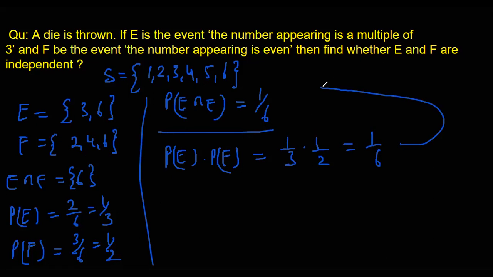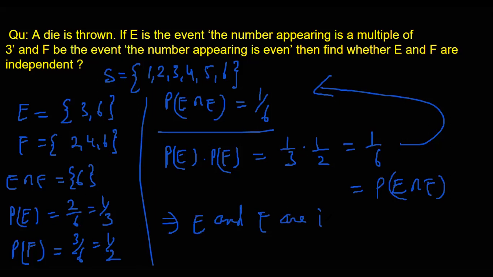And eventually it is the same as P(E intersection F). So I can say P(E) into P(F) is equal to P(E intersection F). So this means E and F are independent. Okay.